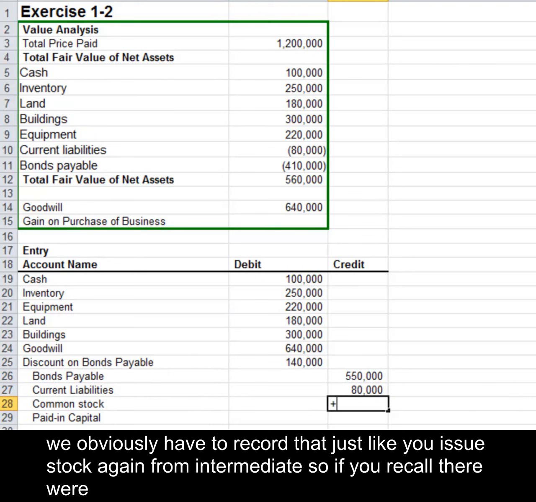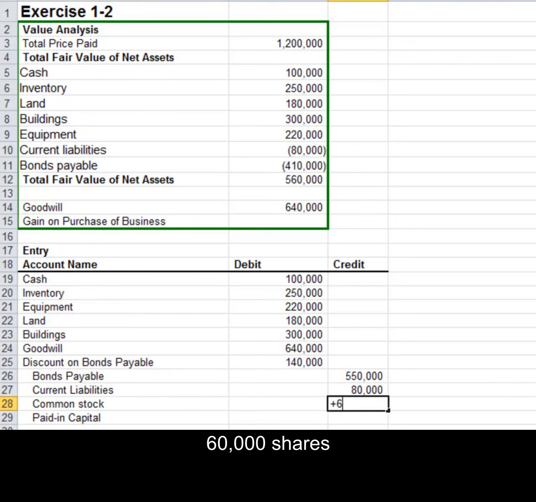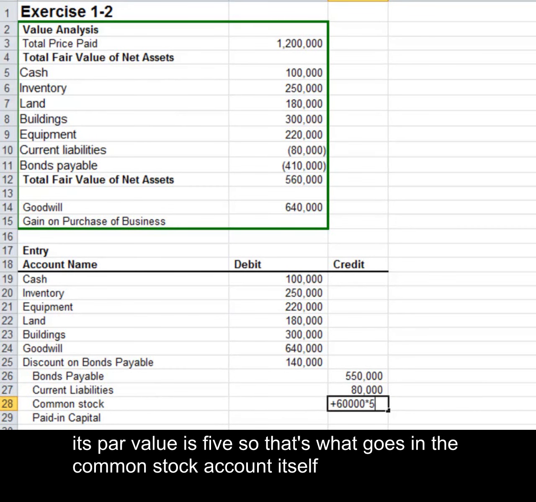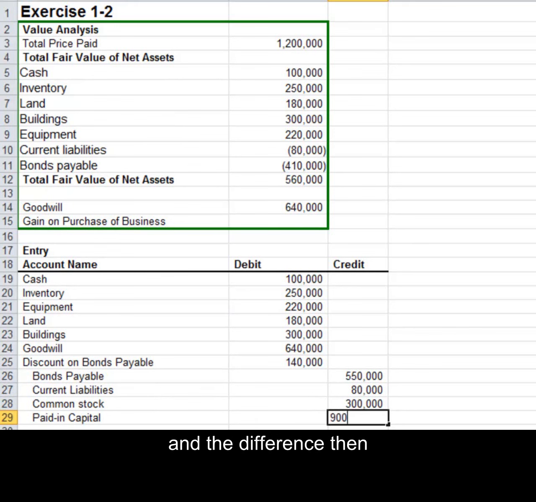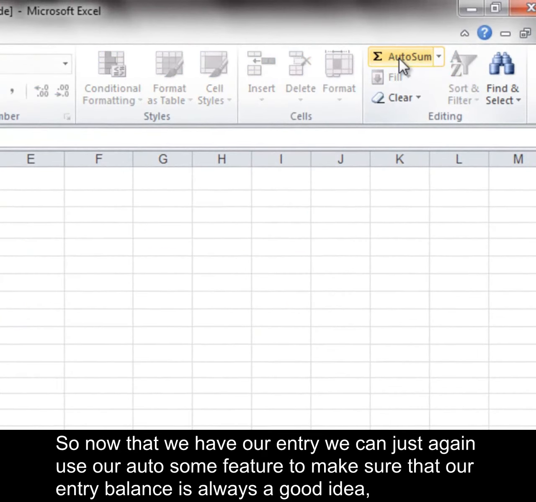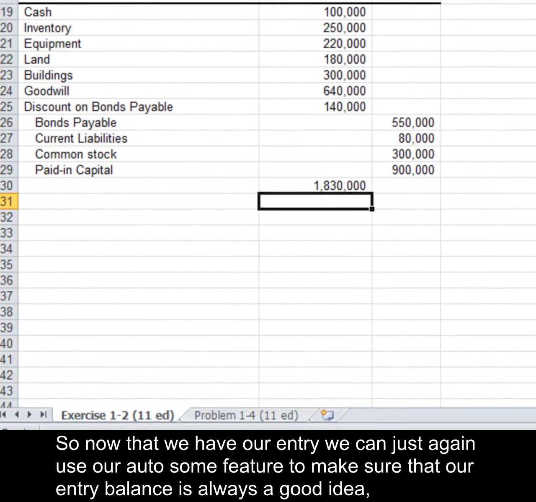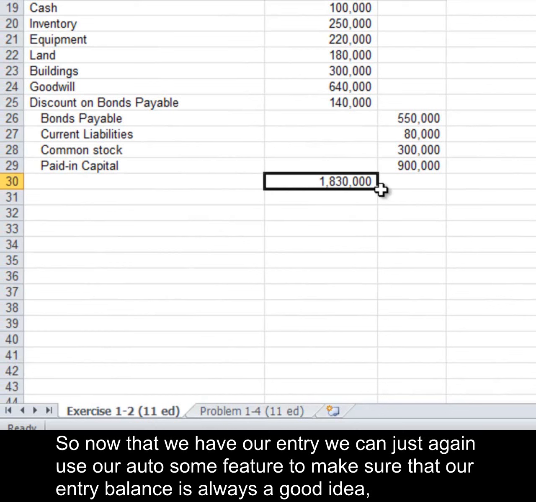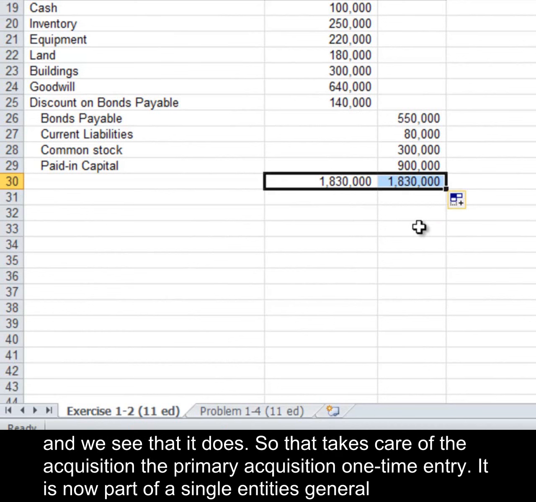If you recall, there were 60,000 shares. Its par value is 5, so that's what goes in the common stock account itself, and the difference is the paid in capital in excess. Now that we have our entry, we can use our auto sum feature to make sure that our entry balances, always a good idea, and we see that it does.